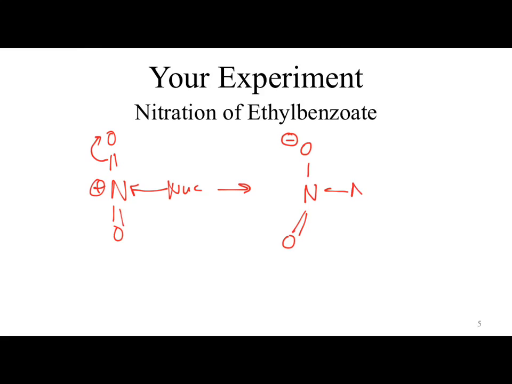When you react with the nitronium ion, your nucleophile can come in and attack that positive nitrogen. One of those bonds breaks. The result is you get oxygen negative, the other one doubly bonded. There's your nucleophile. What charges the nitrogen? Still has 4 bonds, still formally positive.